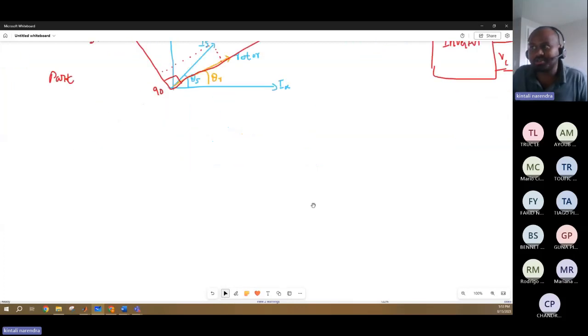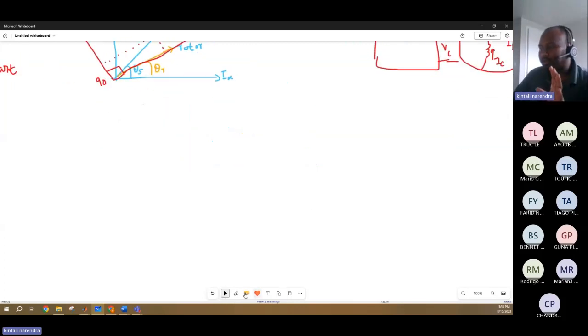I partially understood your question, so let me explain. The rotor magnetic field angle, we know from the sensor, right? So we know exactly the angle of the magnetic field of the rotor.